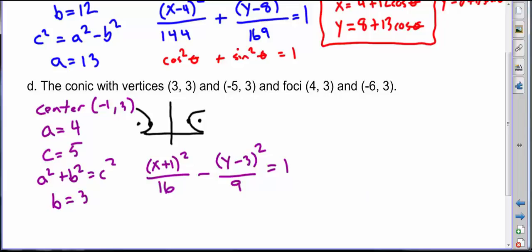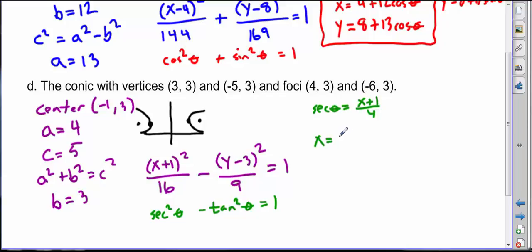And as we talked about before, we have this whole relationship of secant squared theta minus tangent squared theta equals 1. This will allow us to do our final step, which is the conversion to the parametric form. So I know that secant of theta is going to be (x + 1) over 4.